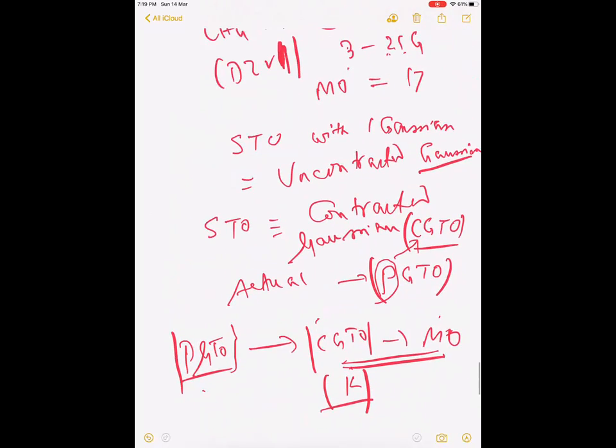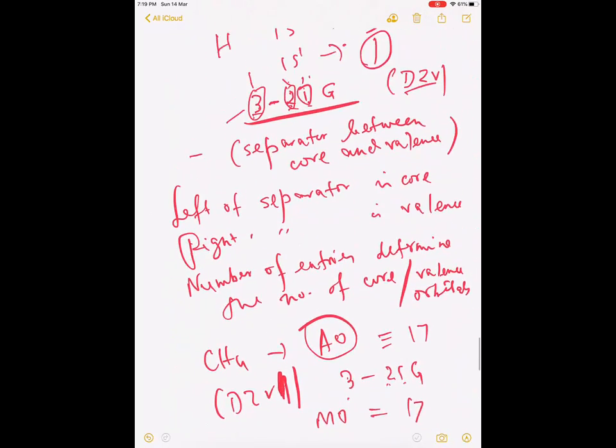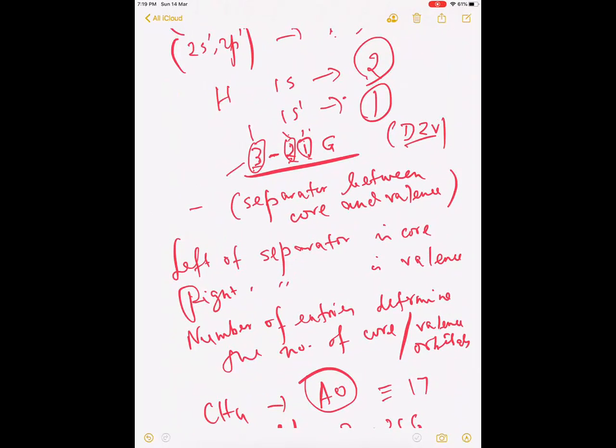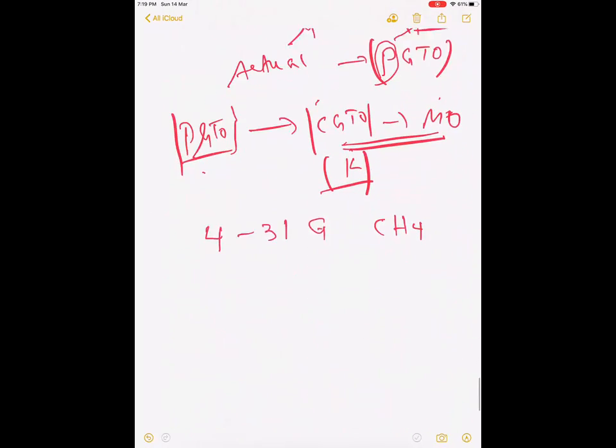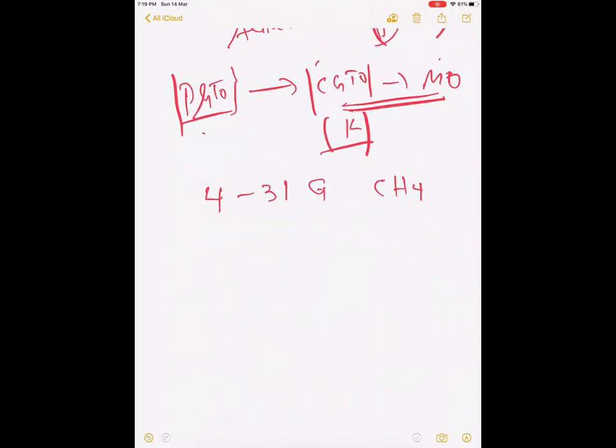If I quickly see, the number of K is identical in 321G and 431G, because right of separator, the number of entries is 2, still 2, and number of entry to the left is still 1, which means I have one set of core, I have two sets of valence, 2s to p, 2s prime to p prime.